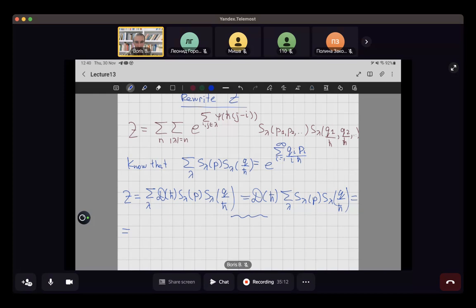Hn is equal to, in fact, the sum over all k1, etc., kn, x1 to the power k1, etc., xn to the power kn. And now what do you see here? You see here differential operators, d over dpk1, etc., d over dpkn.